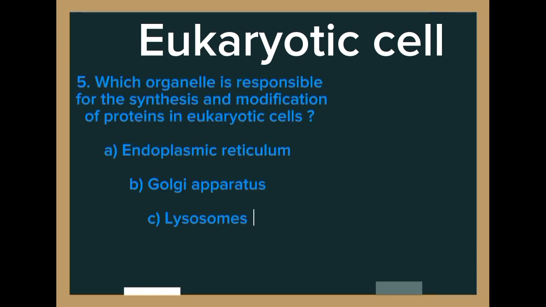5. Which organelle is responsible for the synthesis and modification of proteins in eukaryotic cells? A. Endoplasmic reticulum. B. Golgi apparatus. C. Lysosomes. D. Ribosomes.